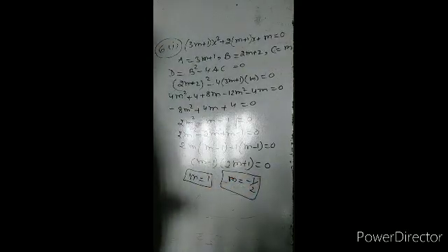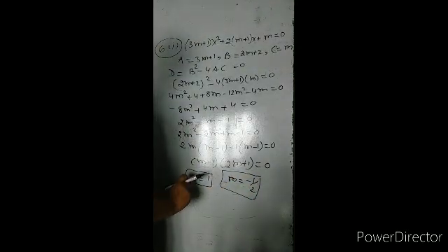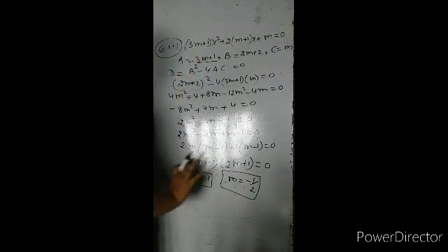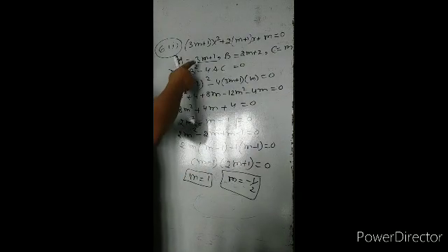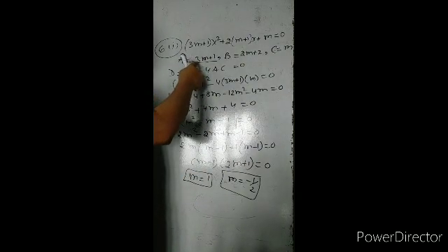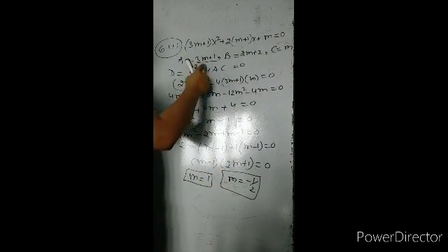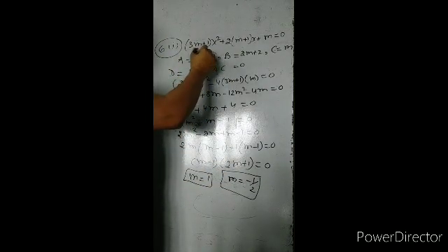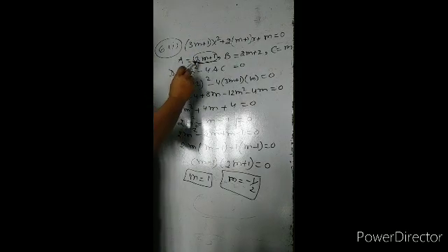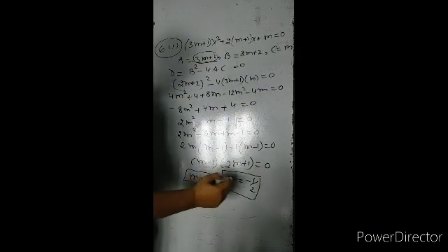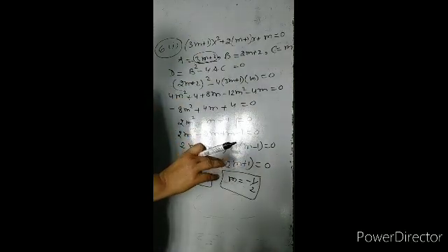So before finalizing the answer, put this value in a. If a is 1, no need to check. When I put the value of m here, it is 3 plus 1, 4, and substituting minus 1 by 2, it is also not zero. After putting the value of m, this value should not be 0. If it is 0, then that answer should be rejected.